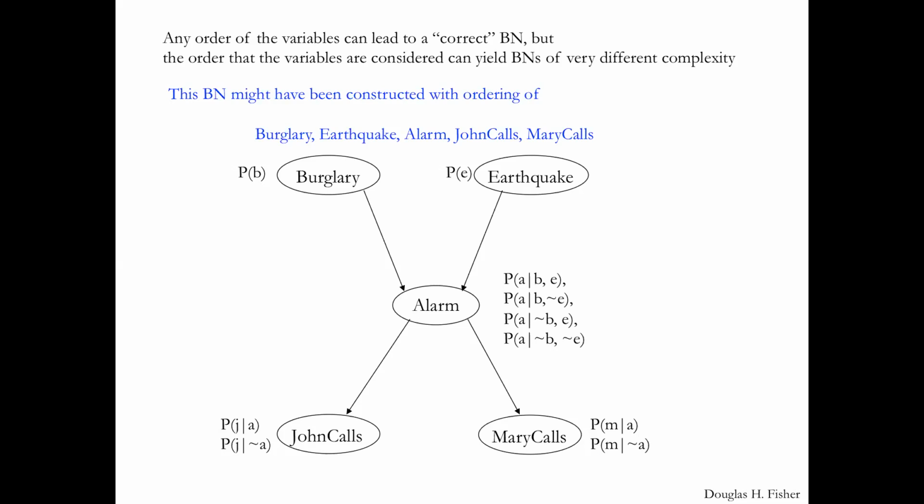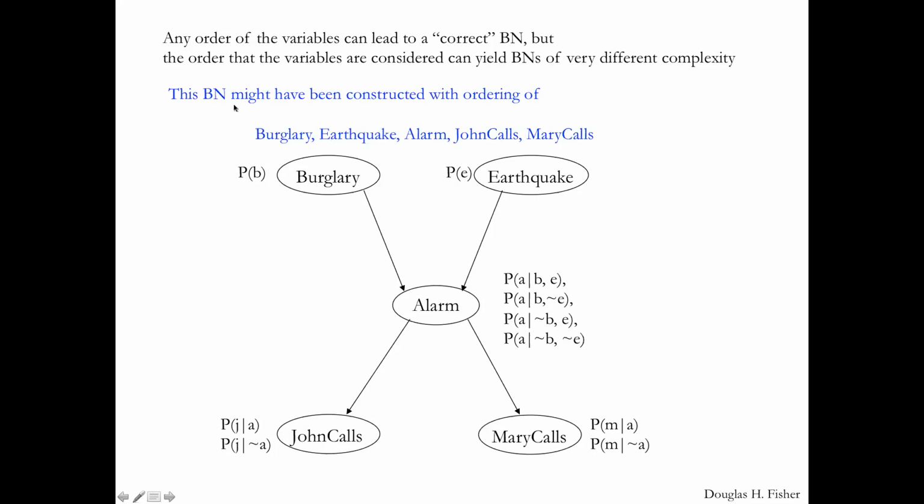Not different numbers of nodes, because a variable corresponds to a node, and the number of variables isn't going to change, but the number of links between the nodes, the number of arcs between the nodes, and thus the number of probabilities that you'll actually have to store can change as a result of the order.